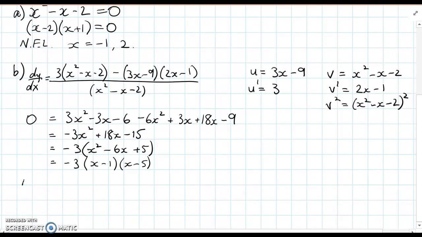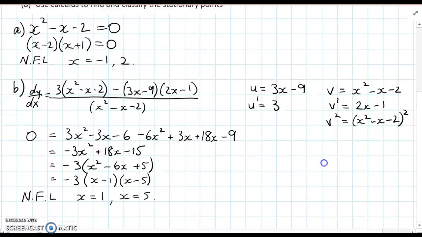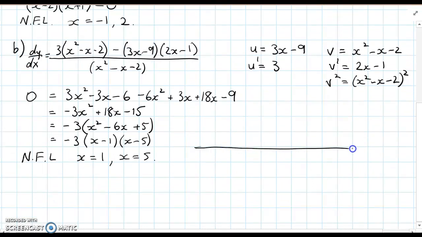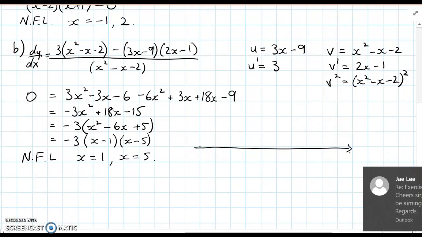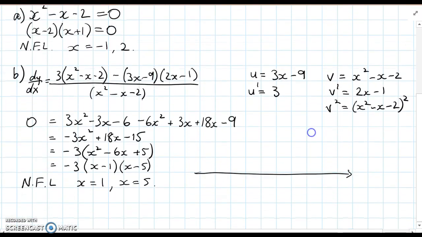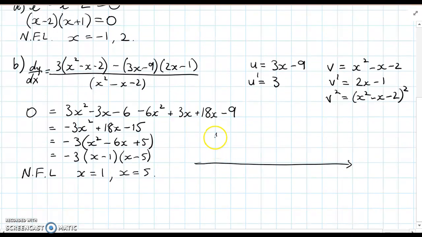And again, from our null factor law, that will result in two stationary points, one at x equals +1, one at x equals +5. So from that information, we can then draw our sign diagram. Remembering on a sign diagram, we need both x-intercepts, but also our vertical asymptotes from part A. So we'll label those in.